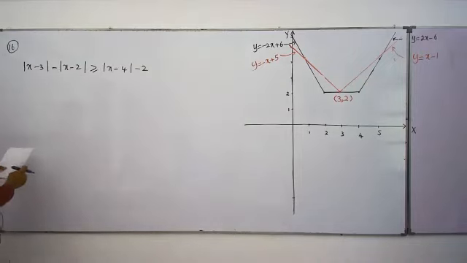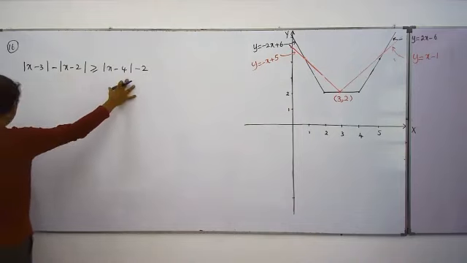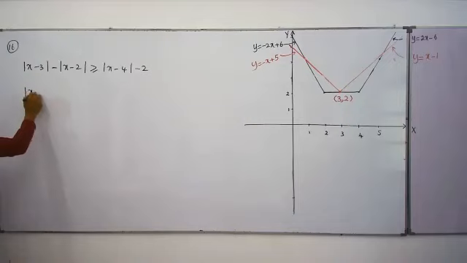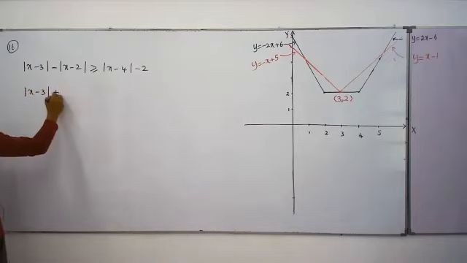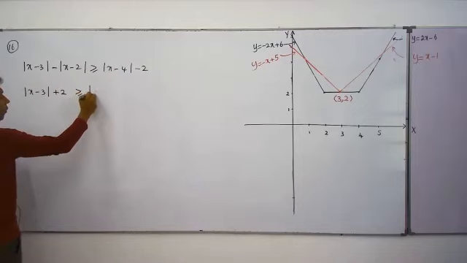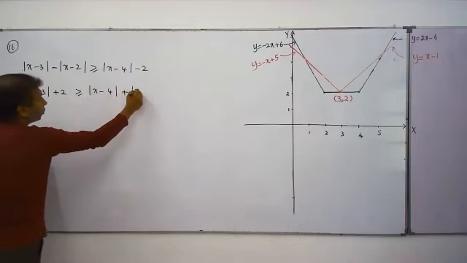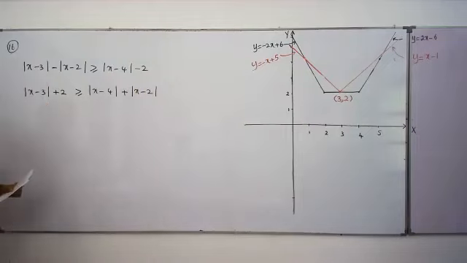Then I do it like this, people. I take this mod x minus 2 part to the right hand side, and this minus 2 I take to the left hand side. Mod x minus 3 I keep here. This minus 2 I take to this side, plus 2. This I take to the right hand side. Greater than or equal to mod x minus 4 plus mod x minus 2. Right?